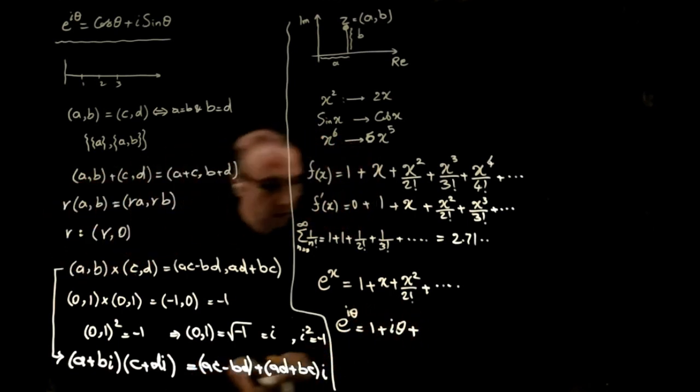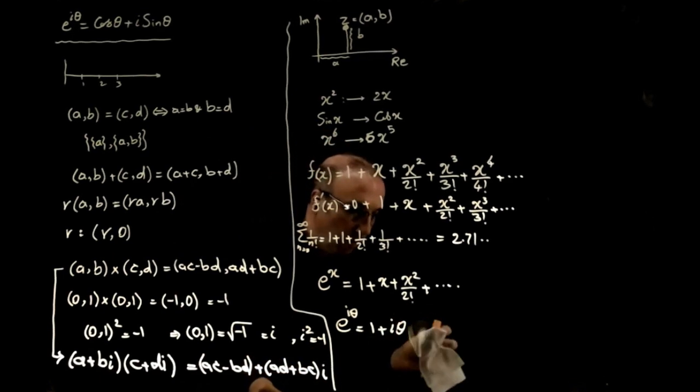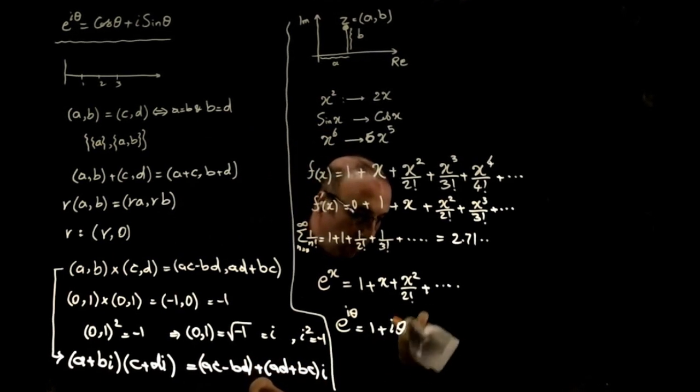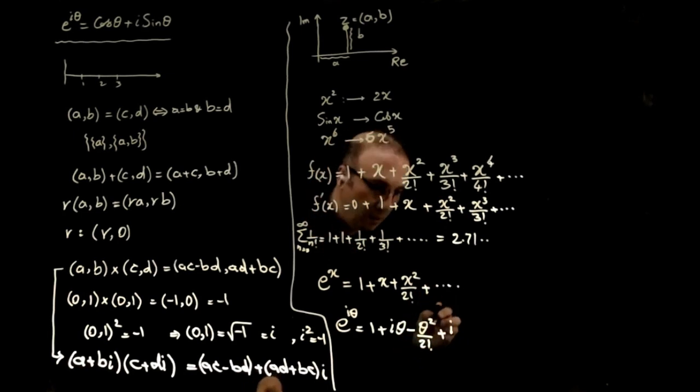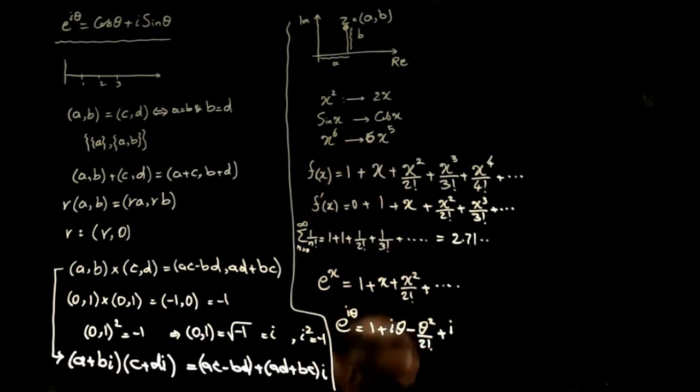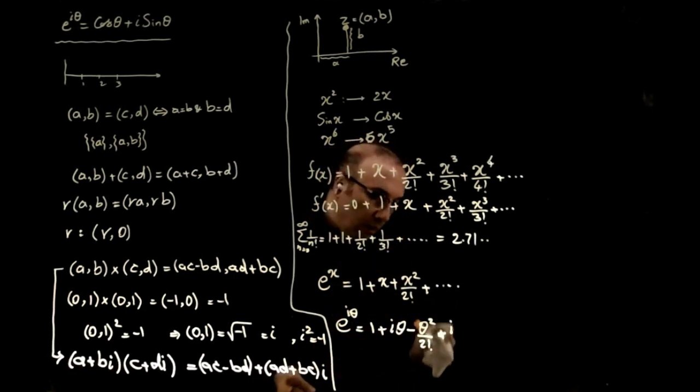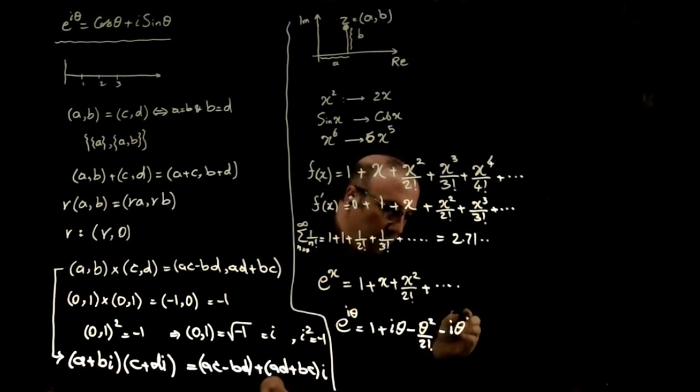So I would have negative theta squared over 2 factorial. Then again, I multiply by another i theta, so minus i theta cubed over 3 factorial.